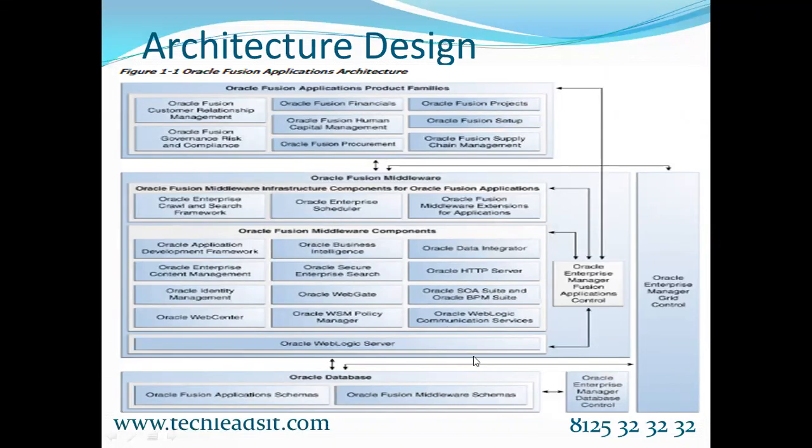For example, if you deployed a custom ADF application into Fusion, then that ADF application data would be maintained by Oracle Fusion middleware schemas, not Fusion application schemas. This is especially for Fusion application product families.